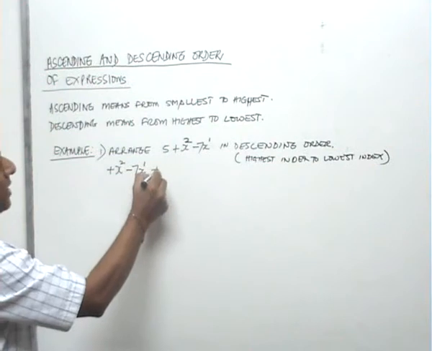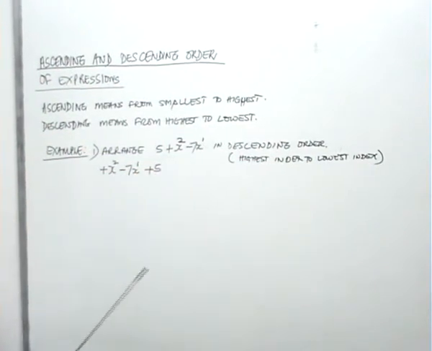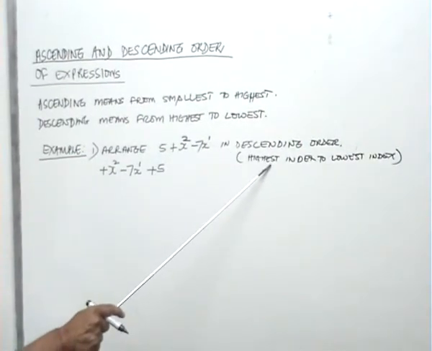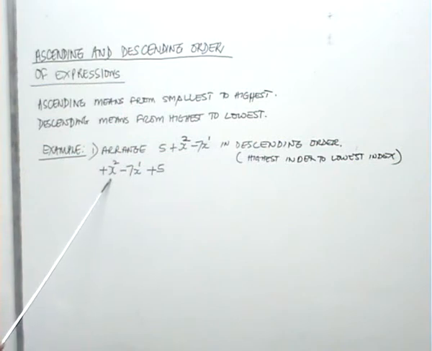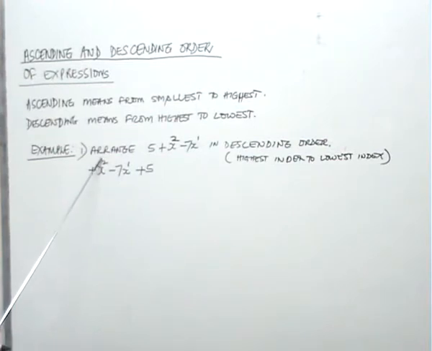And in the end you write down the number. So let's go through this example again. Descending order means you write the term with the highest index right in the beginning. Then you follow the indices in descending order. This is 2, then that will go to 1. And the number will be in the end.